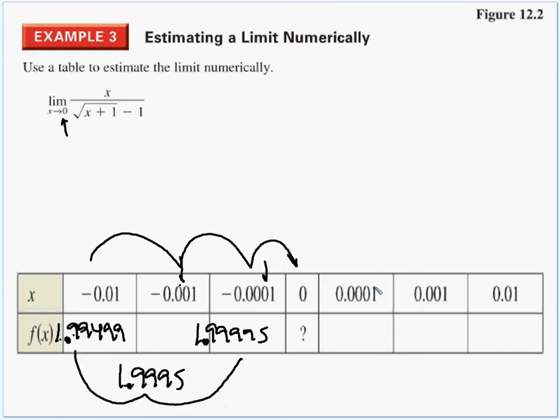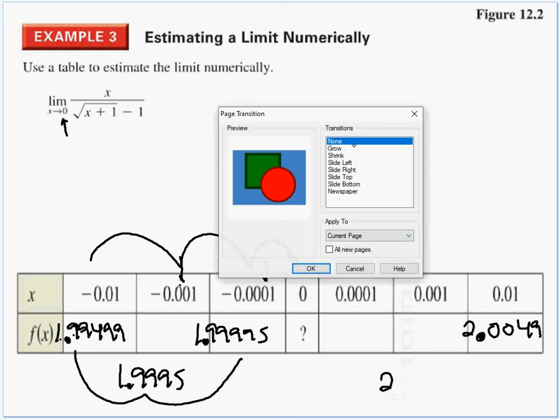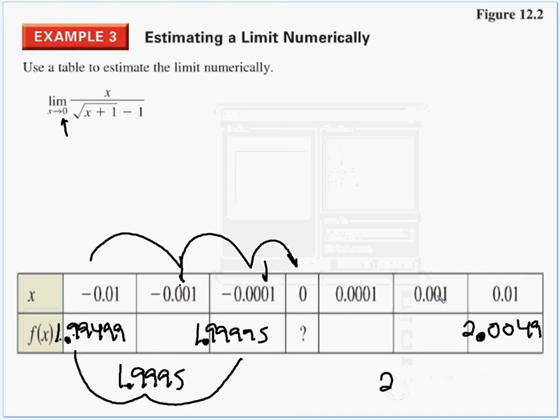Let's go above 0. Here's some positive numbers. Way out here at 0.01, our calculator would give us 2.0049. If we put another 0 in there, it gets a little smaller, 0.001. We get 2.0005.